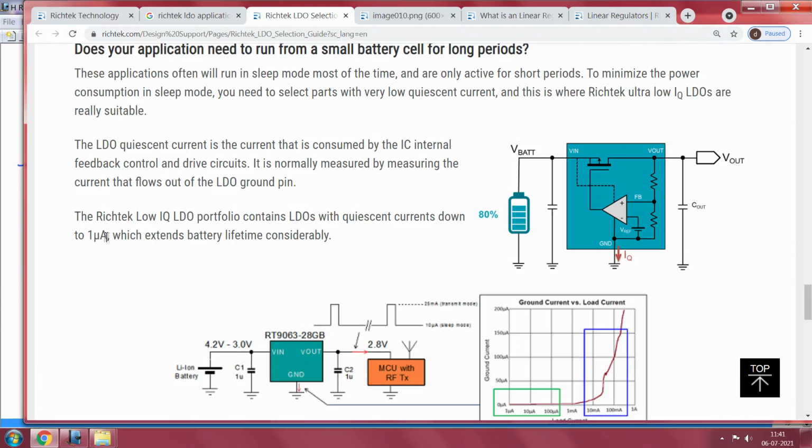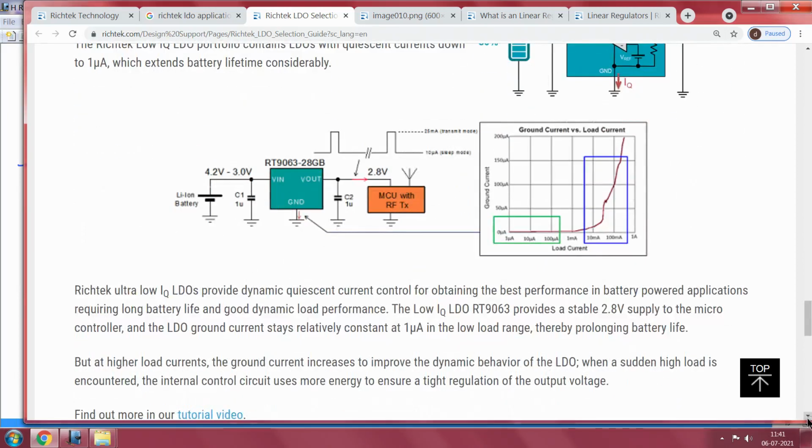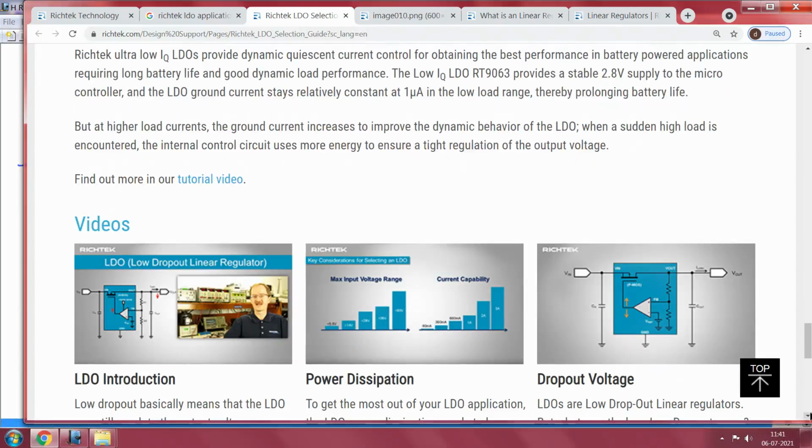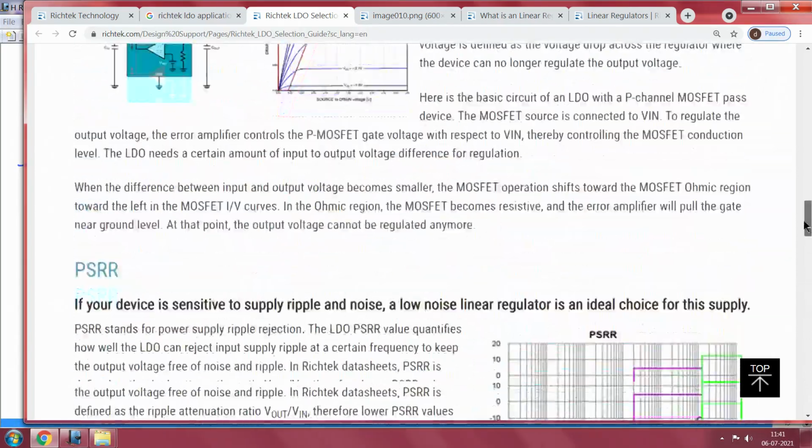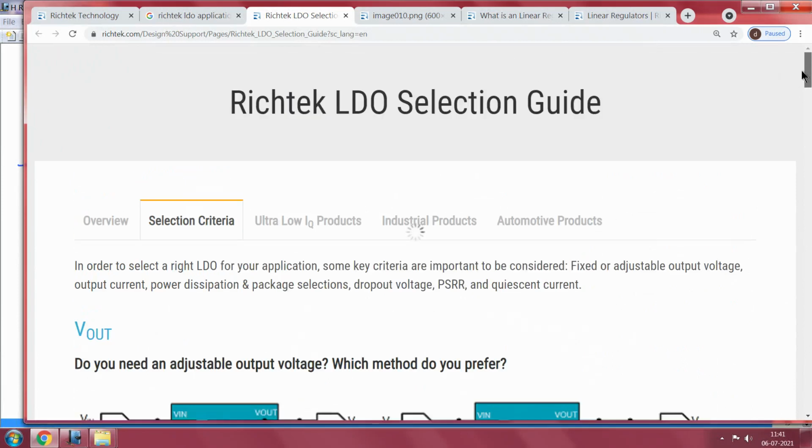Now he talks about 1 microampere of quiescent current, and the lower the better. 1 microampere will allow you to increase the battery life of the system. So this document comprehensively talks about the whole issue related to the choice of LDOs.